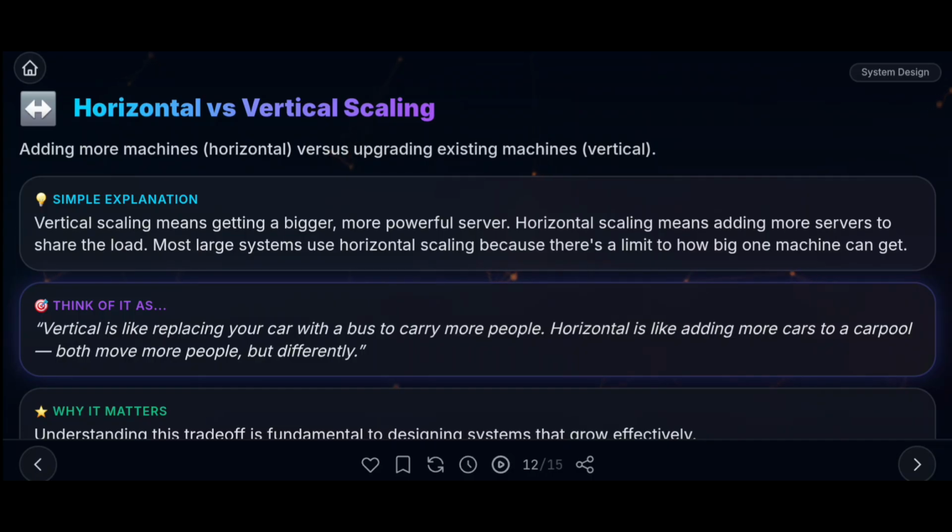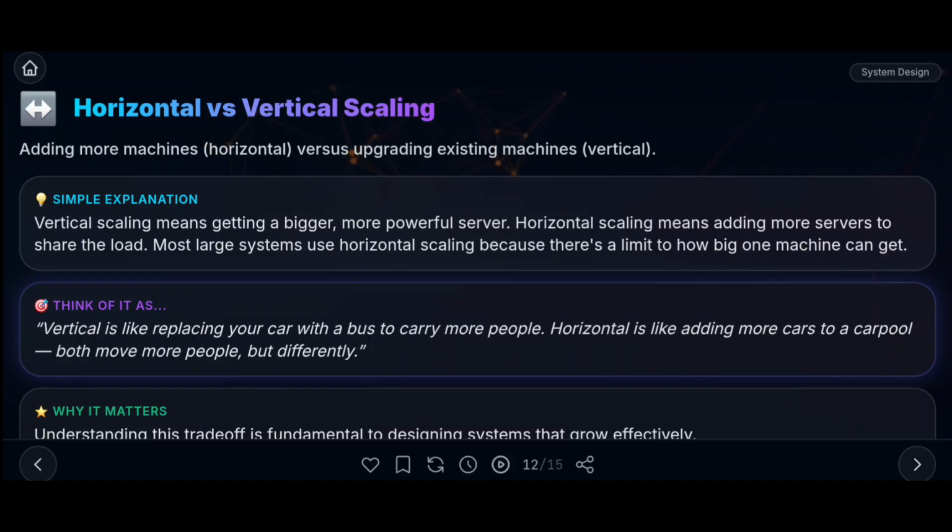In simple words, vertical scaling means getting a bigger, more powerful server. Horizontal scaling means adding more servers to share the load. Most large systems use horizontal scaling because there is a limit to how big one machine can get.